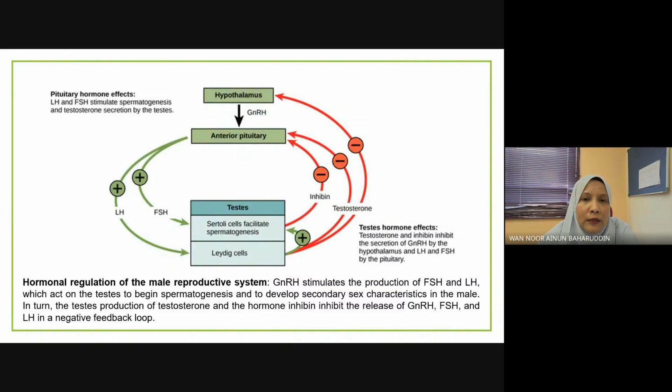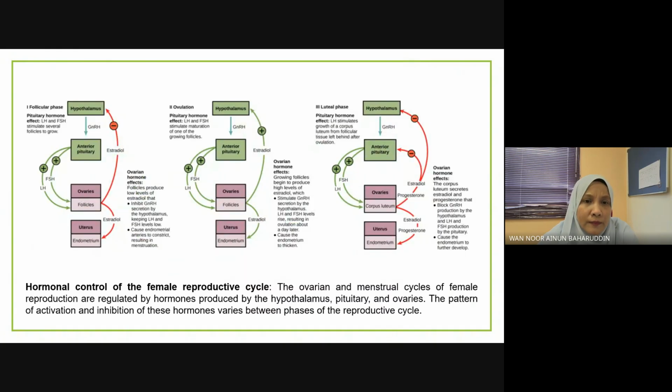So how is the hormonal regulation of the male reproductive system? What kind of differences can we see here? The hormonal control of the female reproductive system is more complex and more in terms of the cycle itself.